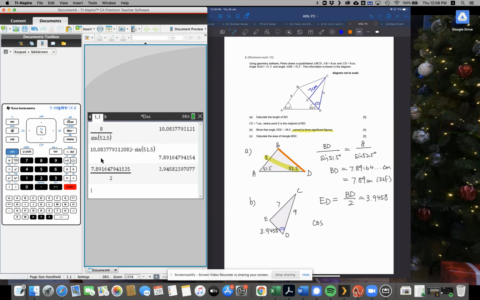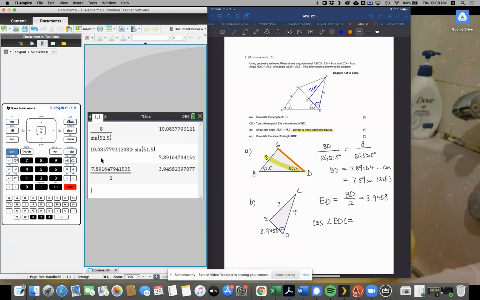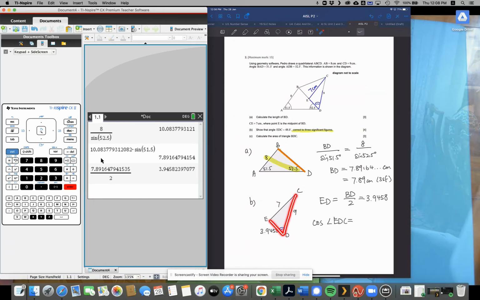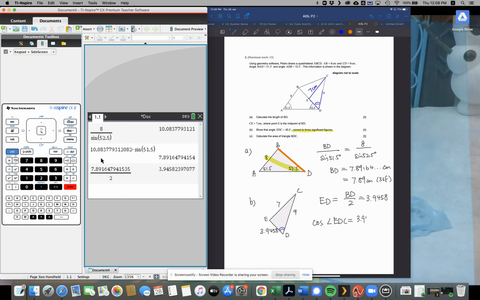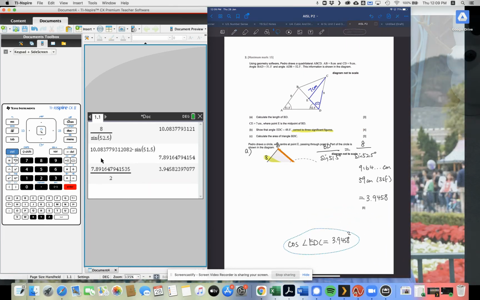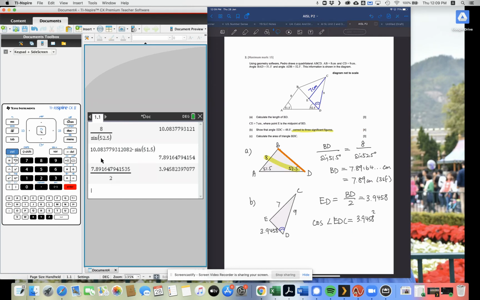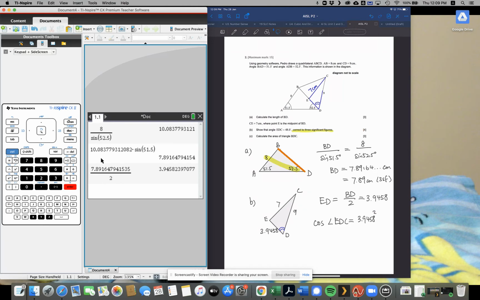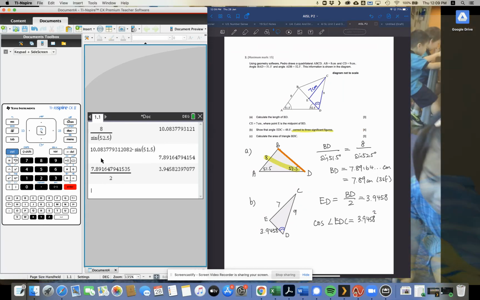Cos of the angle EDC must be equal to the sum of the square of the two sides that includes the angle that you need to work out. Let me rewrite it because I'm running out of space.